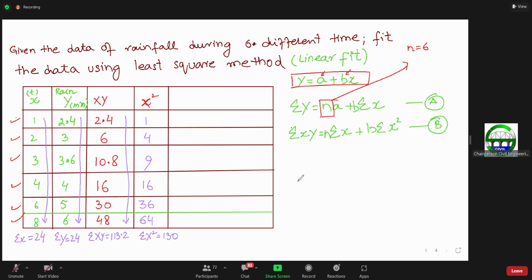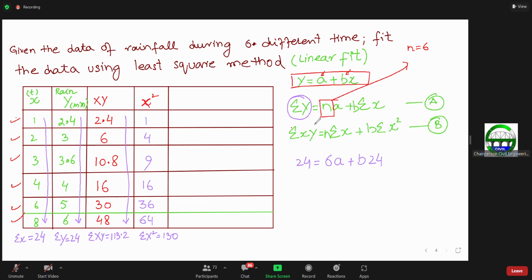Now what are we going to put? Σy is 24, and n is 6, so 24 = 6a + b times Σx, which is 24.